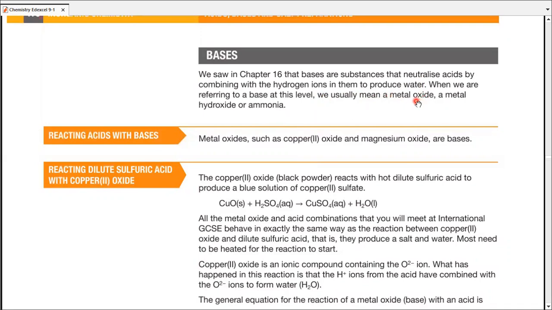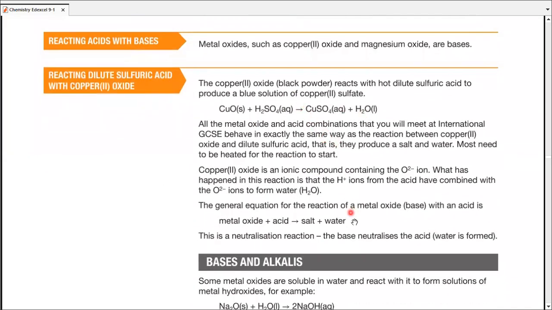The base can be a metal oxide, it can be a metal hydroxide, it can also be ammonia. So when acids react with bases, the good part is that they produce salt and water. So if you react dilute sulfuric acid with copper oxide, that is what is going to happen.